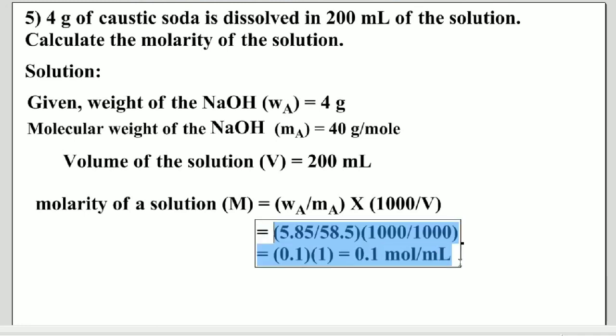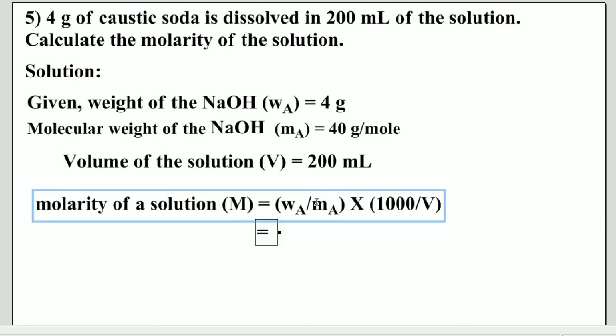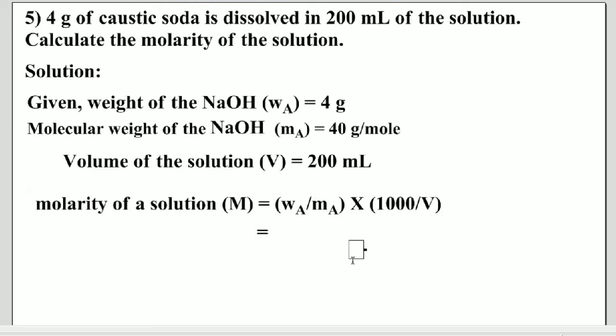Now we know that the molarity of a solution is equal to the weight of sodium hydroxide by the molecular weight of sodium hydroxide, into 1000 by V. Now we can substitute all these values.